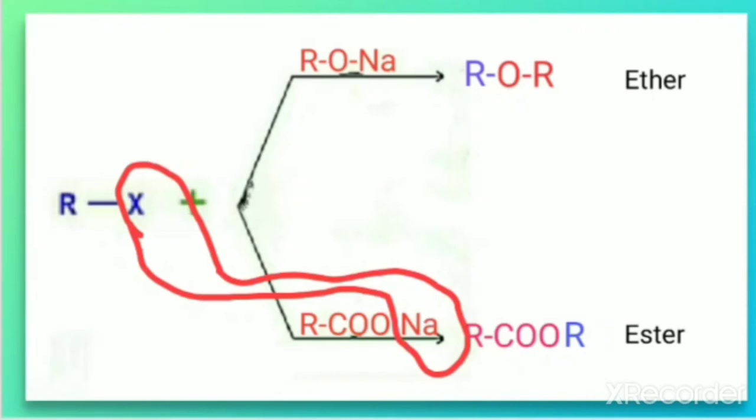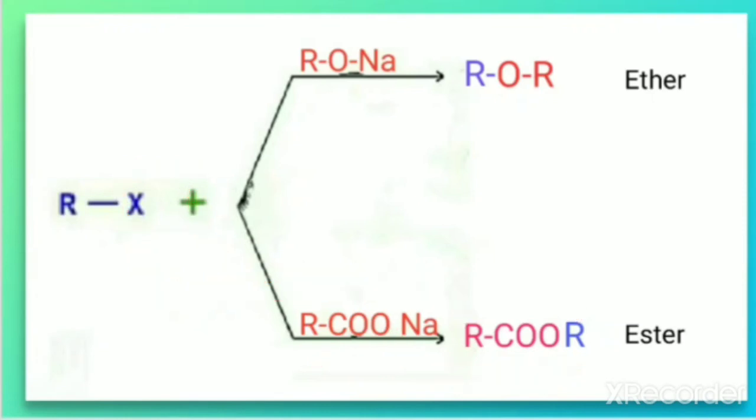So the remaining gives the product, that is RCOOR. You can see the colors given here. You can clearly identify that RCOO is coming from the sodium salt of the acid, and this blue color R is the R coming from the alkyl halide. So that is the formation of ester.